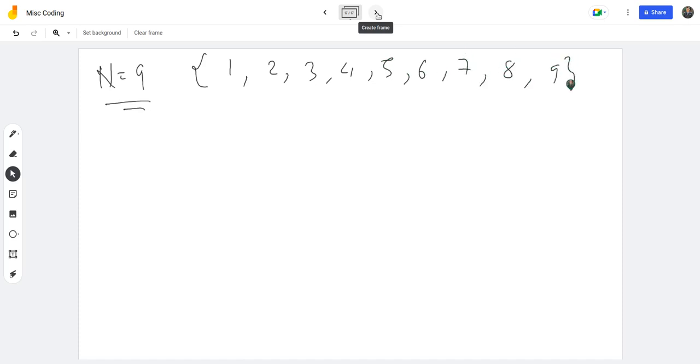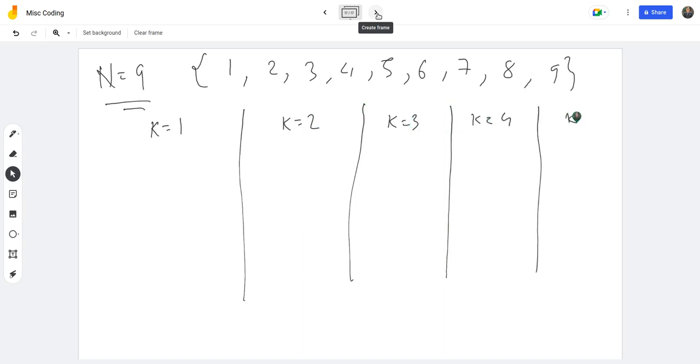And let us assume multiple scenarios for k. Let us say that k is 1, k is 2, k is 3, k is 4 and k is 5. Now for the single value of n, we are assuming multiple values of k, and for each of these scenarios, let us try to find the solution for the given problem statement, right?